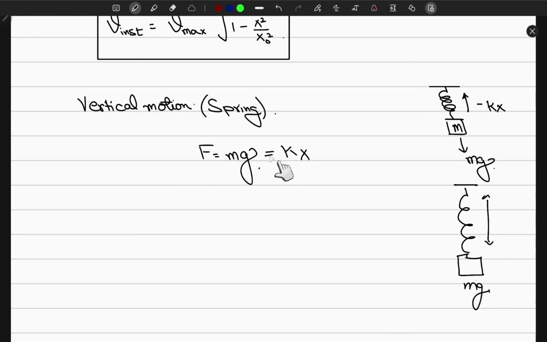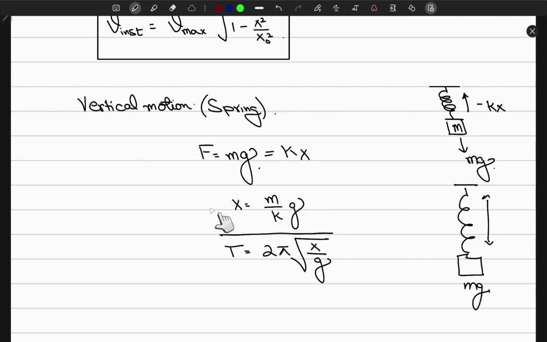So you have this expression, and from it you can write down x is equal to m over k times g. And so the time period for this is T is equal to 2 pi square root of x over g. So this x is just this x, right? And so that's the time period, and that's the displacement.